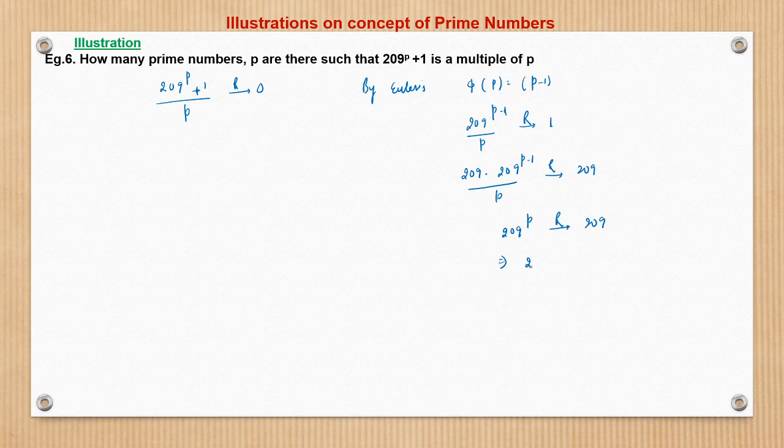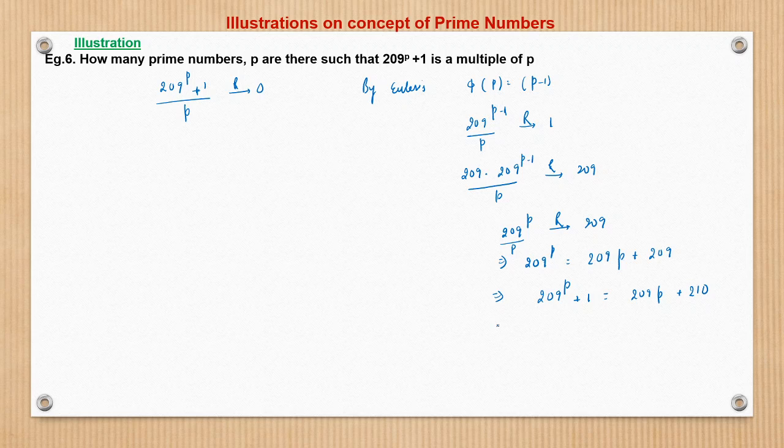So we can write 209 raised to power p as a multiple of p plus the remainder 209. So if we add 1 to both sides, it becomes a multiple of p plus 210.